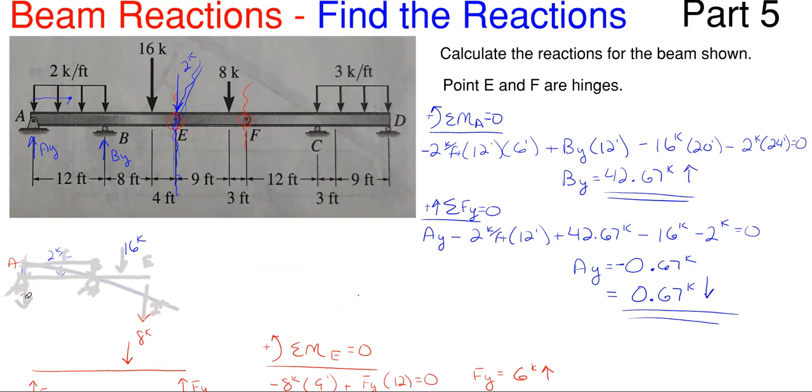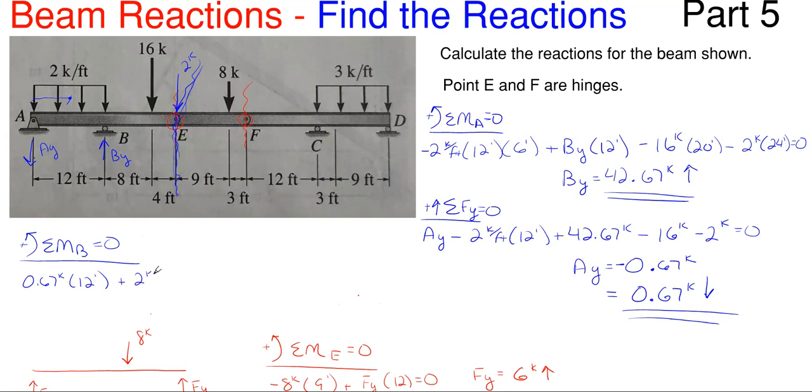Since we summed moments at A, and then summed vertical forces to get A_y, let's check by summing moments at B before we move on and see that A_y is the correct value. So summing moments at B, just using this left segment again, equal to 0, we would have our 0.67 kips for A_y times its total distance to B, which is 12 feet. Since it is going downward, it is rotating counterclockwise, so it would be positive.